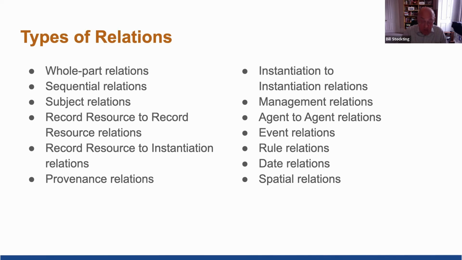Relations between record resources and between them and their instantiations, which of course also have relations between each other. There are provenance relations, of course, key for archival description of record resources and instantiations with agents. And there are relations between agents alongside those with entities they may have authority over, and finally the key relations between the event, rule, date, place entities and other entities.